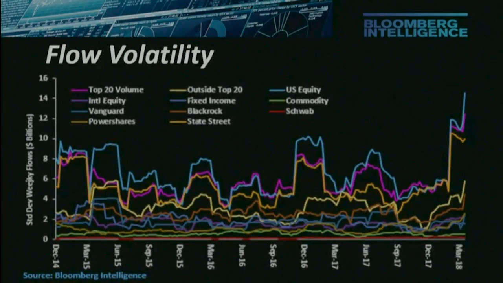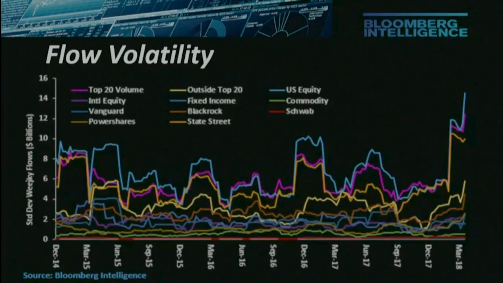This is a stat that we started running too. When we look at flows of the sponsors, we also started looking at the volatility of flows. And we find some pretty interesting things. Early in the year in February, when the market was going down and people started trading ETFs a lot more, the volatility of flows was not consistent among all the different sponsors.